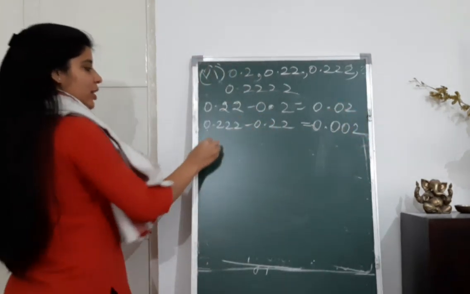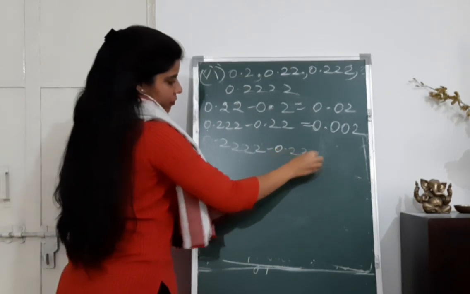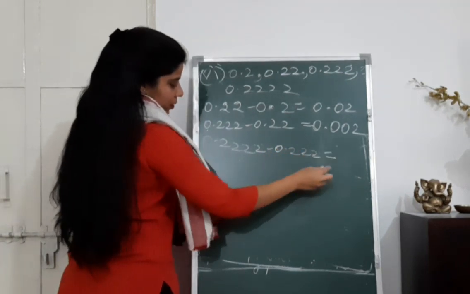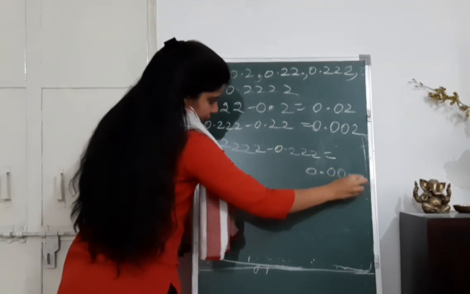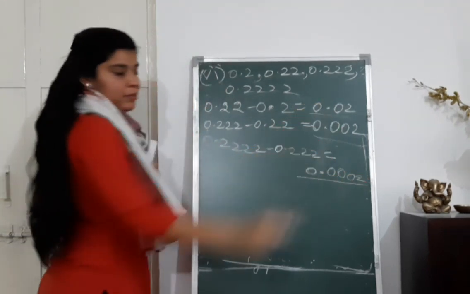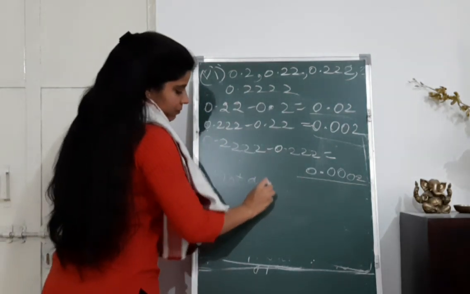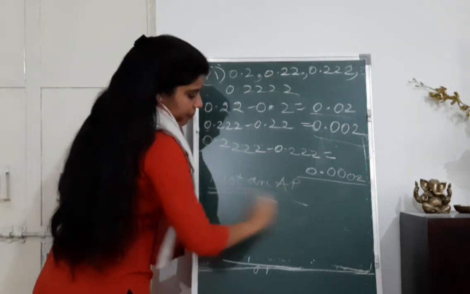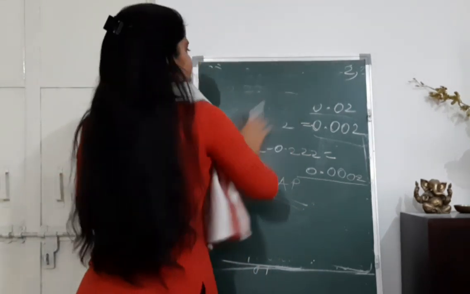Okay? What this is going to be equals to? Are these same? No, they are not. So this is not an AP. Okay? Let's move on to seventh part of this question now.